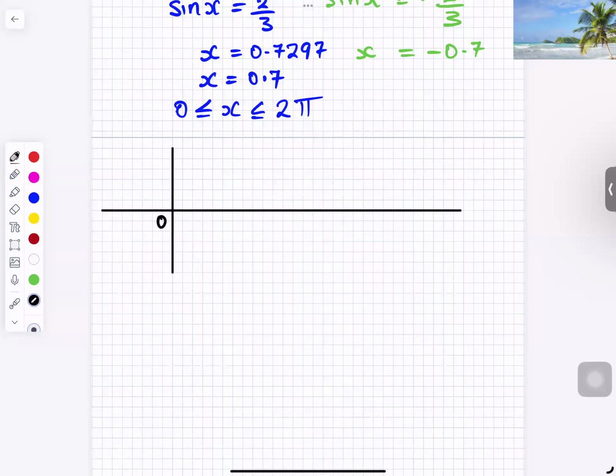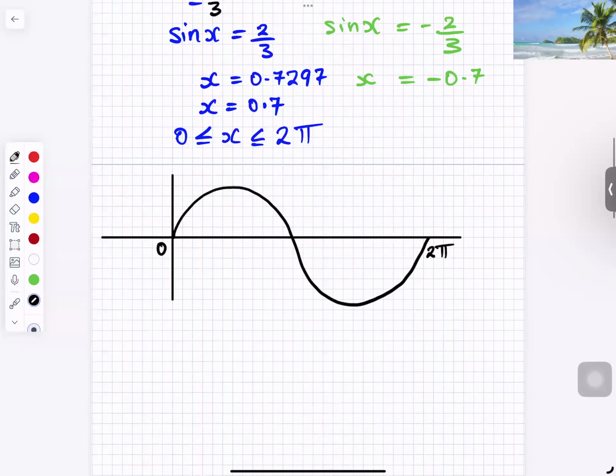If you have 0 there, the sine graph goes like that. That's 2 pi there. And that number was 2 over 3. Let's say the top there is 1 and the bottom there is minus 1. 2/3 is somewhere there. So if I draw this pink line, your first answer there is 0.7.